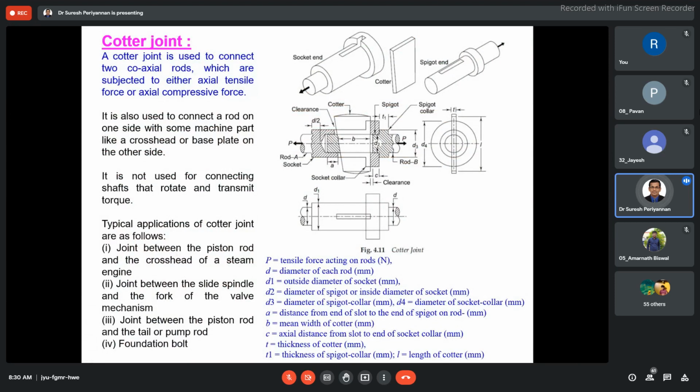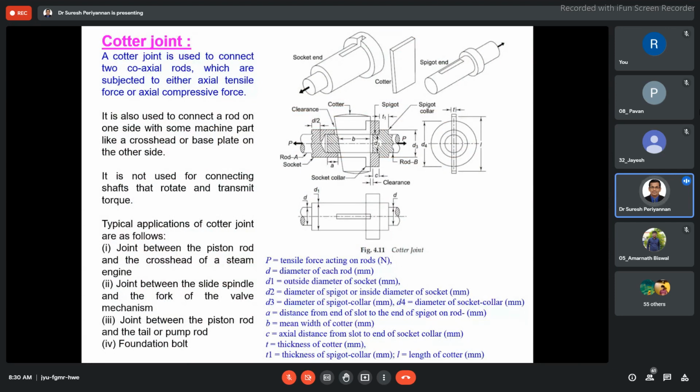So now you might have understood the cotter joint can be used to connect the two coaxial rods. In the coaxial rods, which means it can be subjected to either tensile or compressive force.